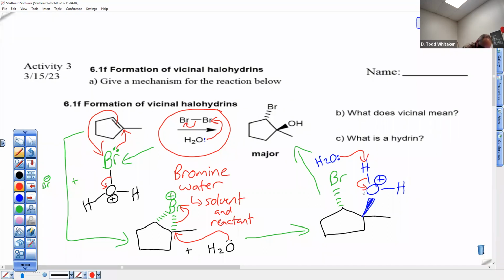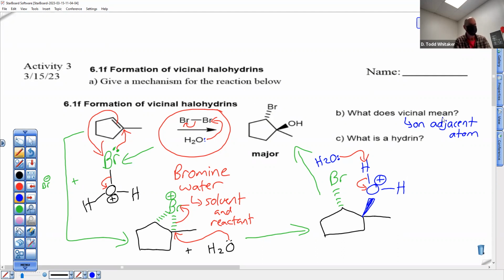Vicinal, new word, very good word, on adjacent atoms. Now it's based on the word that we use in English, vicinity. If things are in the vicinity, that means they're close to each other, right? This is a little more exact. How close?